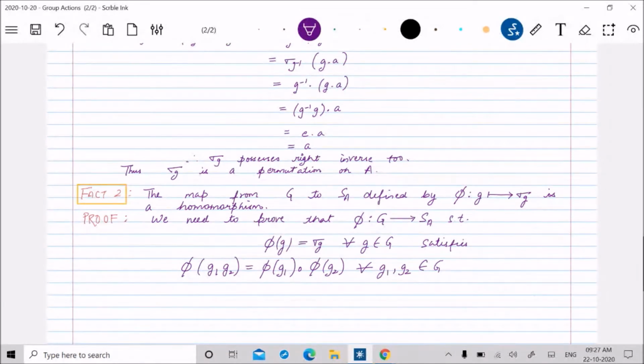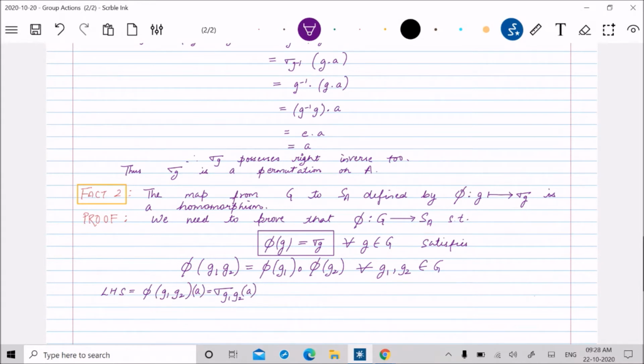Okay, so to start the proof, we should pick the left hand side, LHS, and that is phi(g1 g2), and since phi(g) is defined this way, you can write it as sigma g1 g2. But in order to prove this, why don't you put here A, because this is a permutation actually, and a permutation will act on an element, a member of capital A. So that's why you should write it as capital A. This is more precise actually.